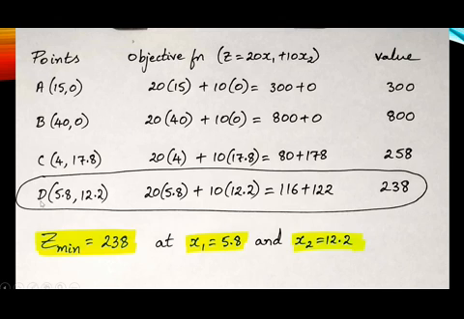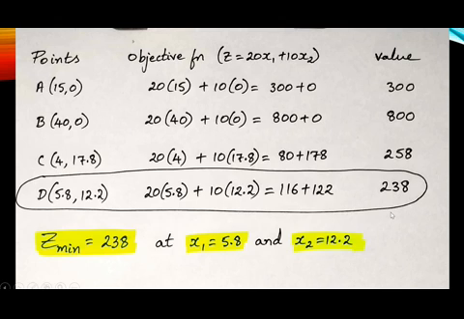Now coming to point D, which is at the coordinate 5.8 and 12.2. So 20 into 5.8 plus 10 into 12.2. 20 into 5.8 is 116. 10 into 12.2 is 122. 116 plus 122 is 238.